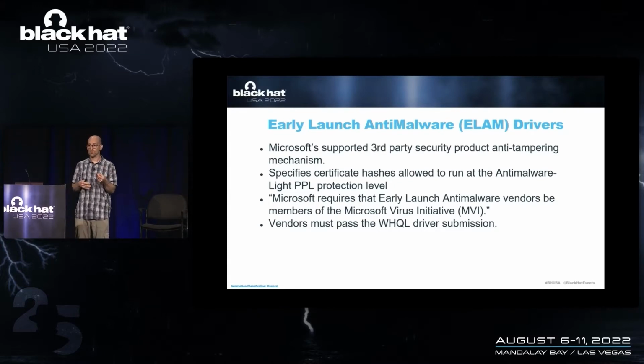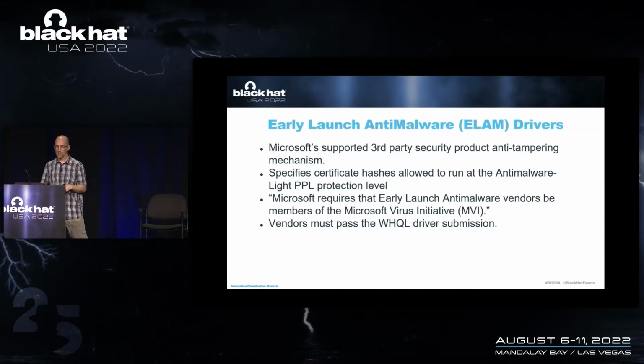But the only thing you really need in this driver is a binary resource that specifies which signers are allowed to run as anti-malware-light services. And in order to be approved to be co-signed by Microsoft as an ELAM driver, you have to submit your driver to Microsoft and also be a member of their rather exclusive Microsoft Virus Initiative program.